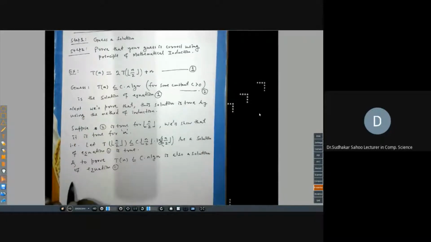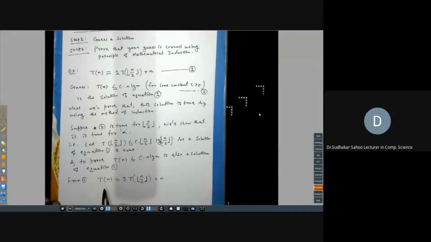Now let us check. So from 1, it is given that T(n) is equal to 2T(n by 2 floor) plus n. So this implies T(n), and T(n by 2), we know that this is a solution, so it is true.